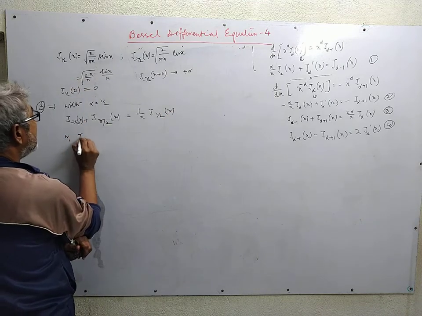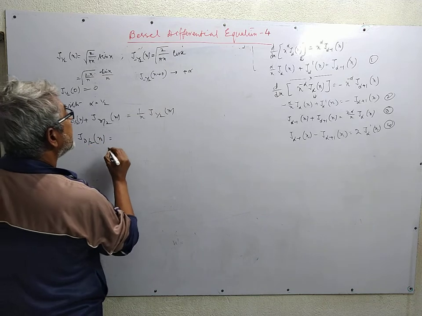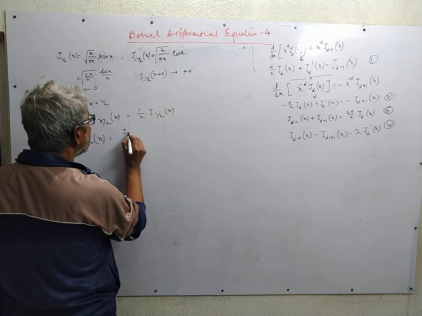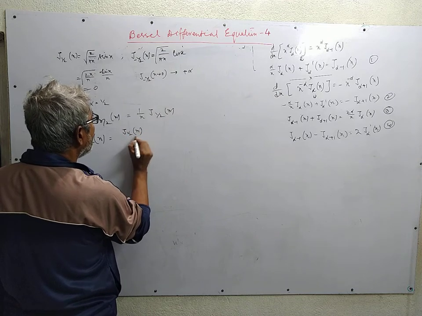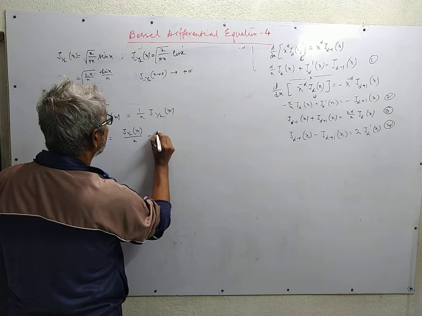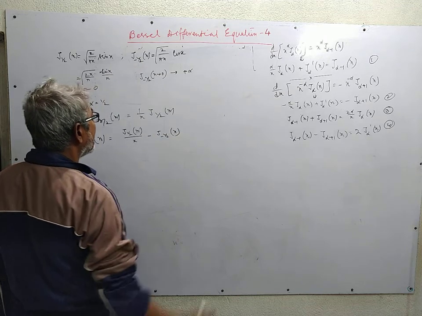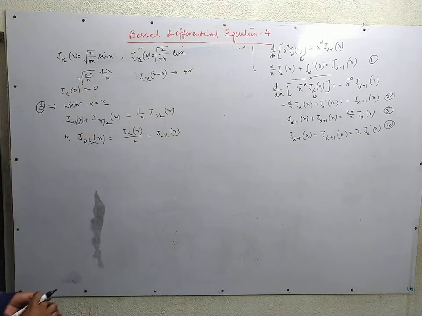Or j of 3 by 2 of x is equal to j half of x times 1 over x minus j of minus half of x.